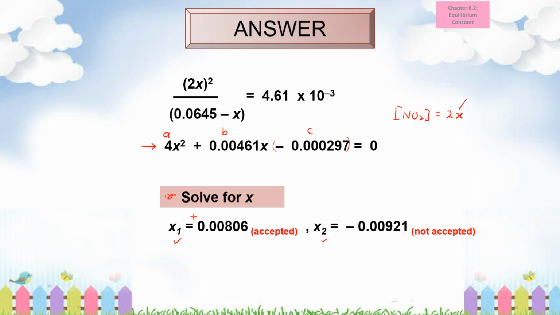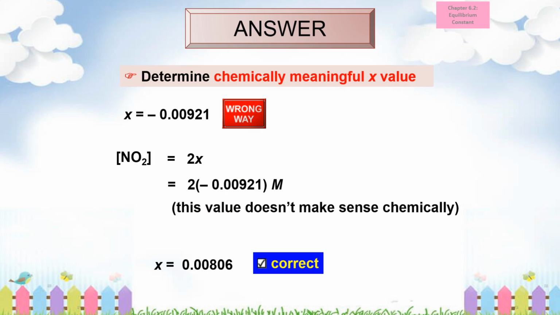So the X value here should be positive in order to get a positive concentration. That's why we choose X1, which is accepted. As for X2, since it is negative, it is not accepted.